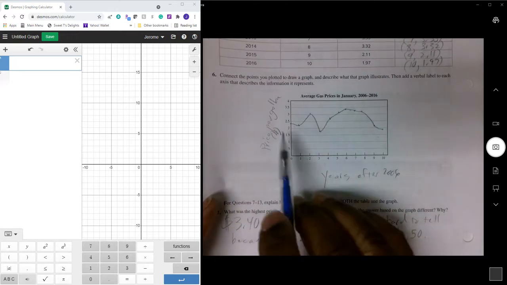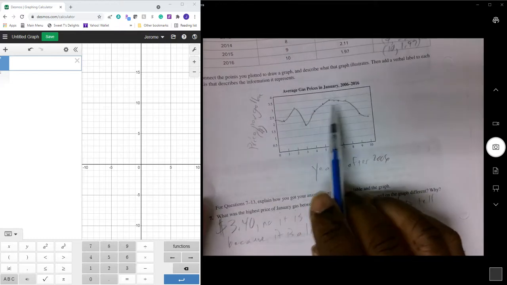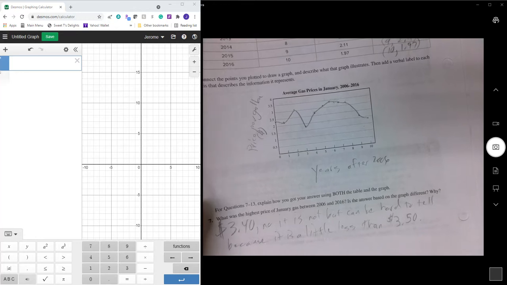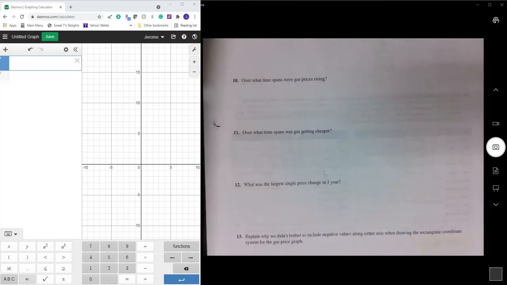All right. Oh, and just a further explanation. You can't really tell if we didn't have the numbers up here and we were looking at this graph, we couldn't tell that this was $3.40. We would know that it's less than $3.50, but that's why I said it's hard to tell.